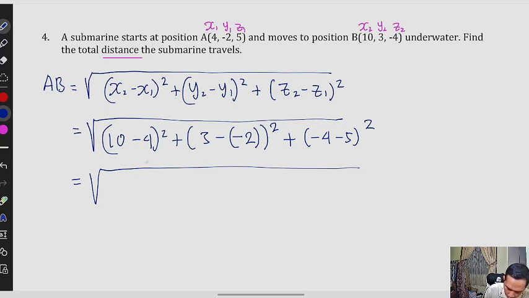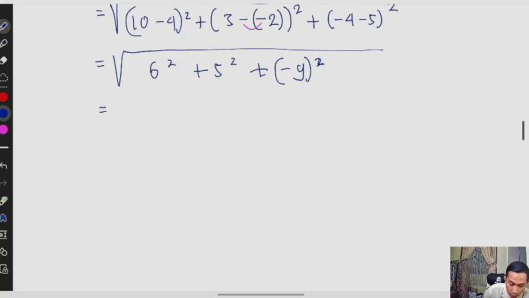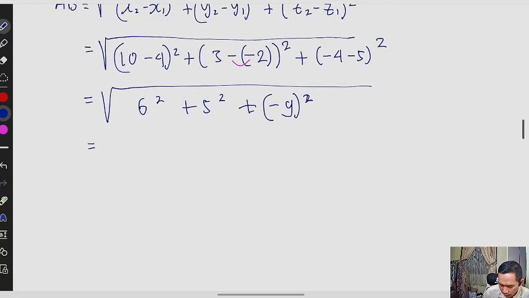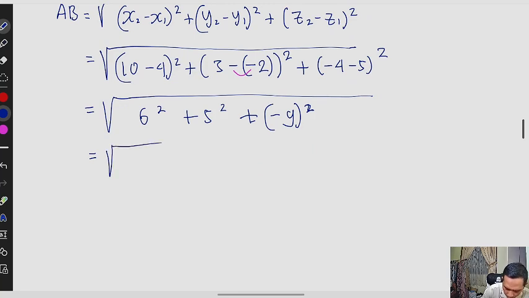We have 10 minus 4 is 6, so 6 squared. 3 minus minus 2, this one becomes plus, so 3 plus 2 is 5, so plus 5 squared. And then plus negative 5, negative 4, we have negative 9, and then we square it. When we square, it becomes positive.